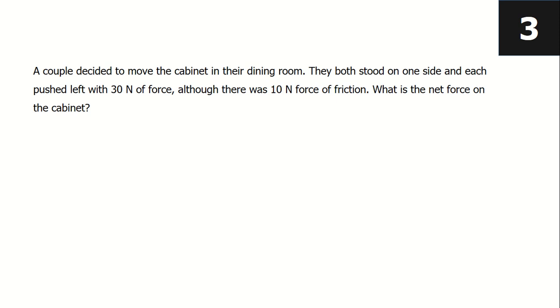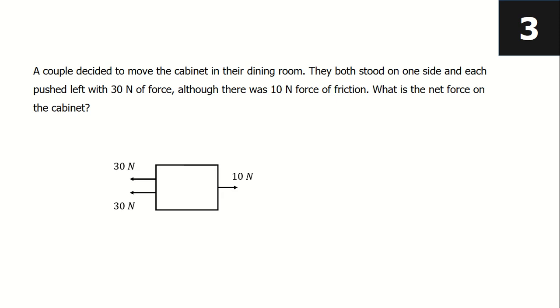Since there's motion and the cabinet is moving across the surface of the floor, there will also be a generated friction force in the opposite direction of the motion, equal to 10 newtons. Now you are again asked, what is the net force acting on the cabinet?